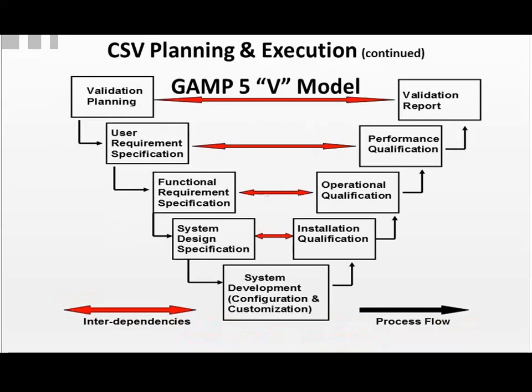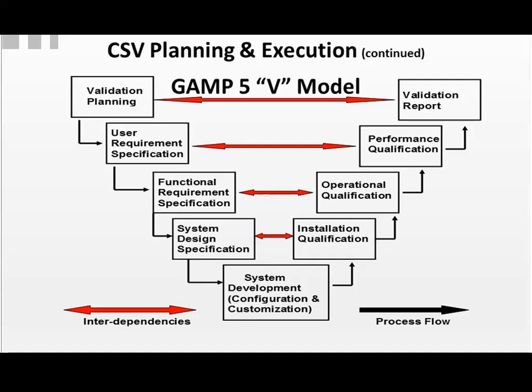Now this is the GAMP5 V model, which shows you all the life cycle phases and explains how they're related to each other. So again, you start with your validation plan, your user requirement specification, and FRS, your SDS or your system configuration specification if it's configurable.